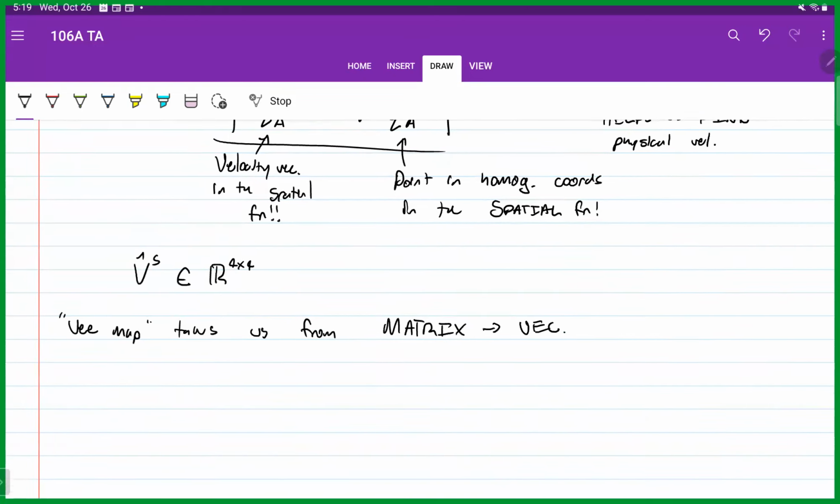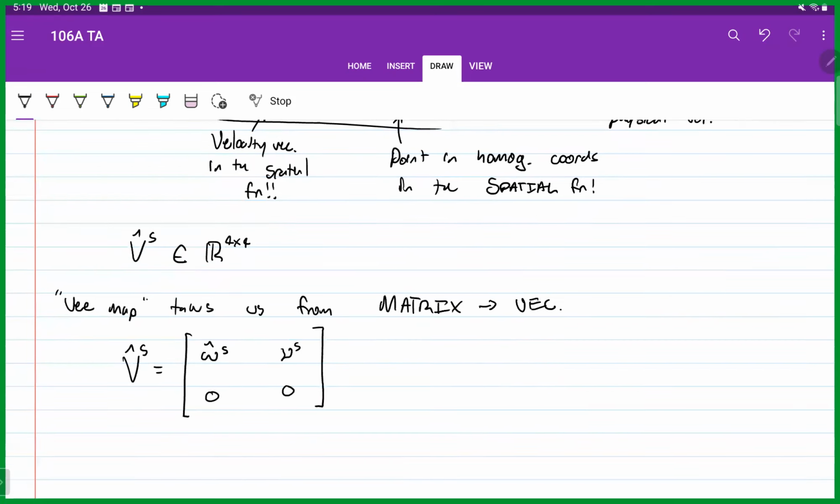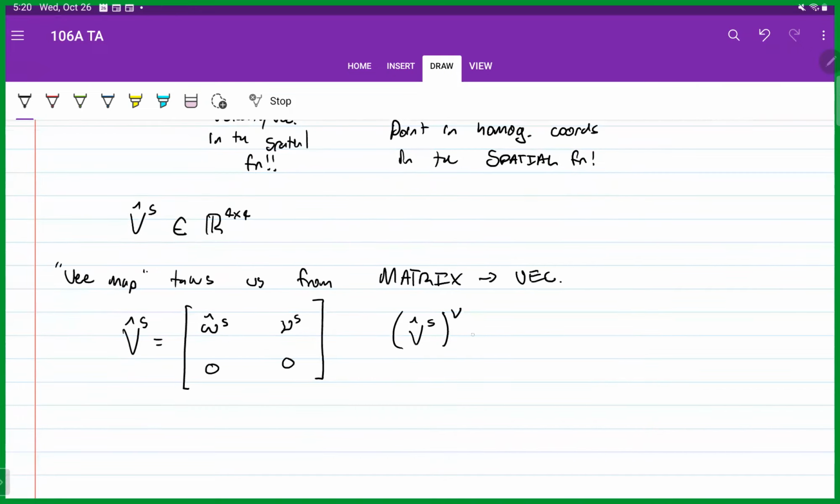So if V hat S has the following form, it has some omega hat S, some little v_S, a 0 and a 0, and we try to take its V map, we just write this little V up here to denote that we're doing the opposite operation of a hat. All that's going to do is extract all of the necessary vector information from that matrix for us.